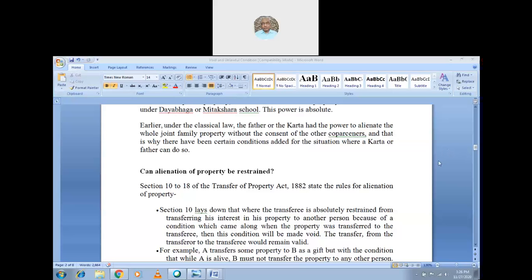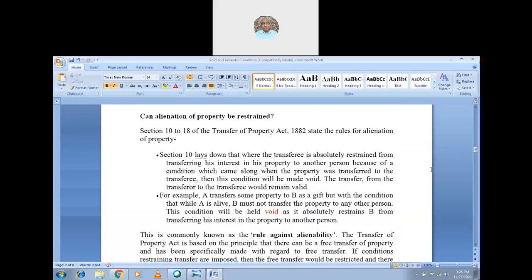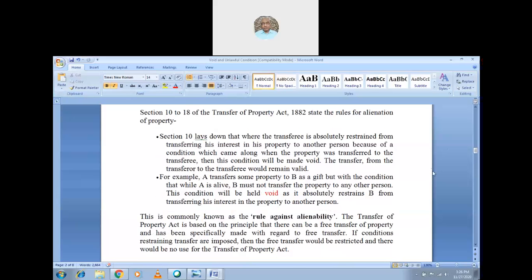Yes, can alienation of the property be restrained? So, can a person restrain the alienation or not? That is clearly said in Sections 10 to 18 of the Transfer of Property Act, 1882, which state the rules for the alienation of property. Let us see what Section 10 says about alienation.